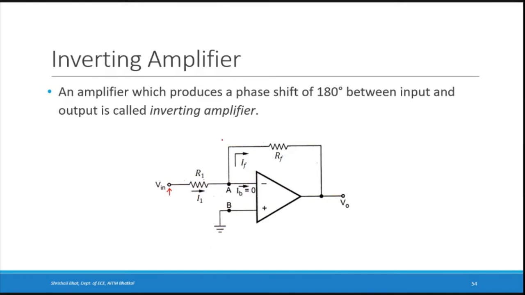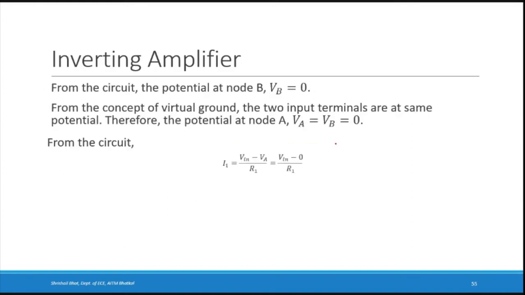So the current IF is VA minus V0 divided by RF. But VA is 0, so it is 0 minus V0 divided by RF, which becomes minus V0 divided by RF. That is my expression for IF. So you have got the two currents: I1 is V in by R1 and IF is minus V0 divided by RF.